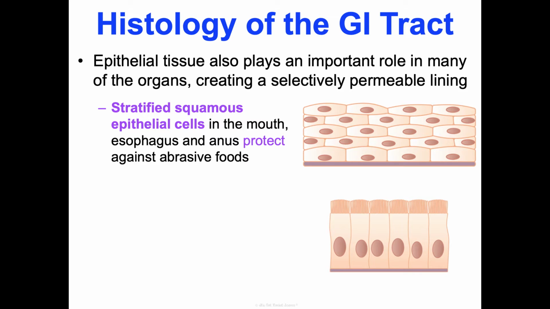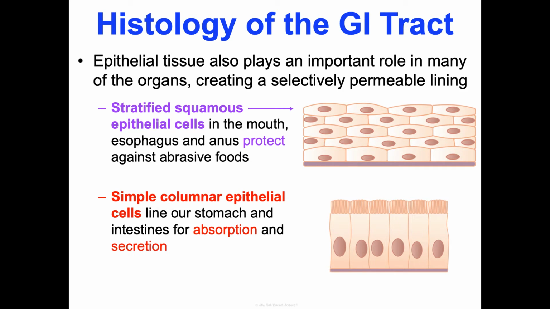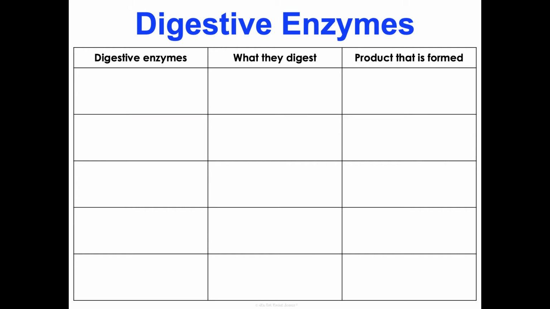Think of when you've eaten something really crunchy, like a Ruffles potato chip. That layer of epithelial cells is keeping your mouth from getting scratched by that. And then we also have simple columnar epithelial cells that line our stomach and intestines, and those are critical for absorption and secretion of substances.